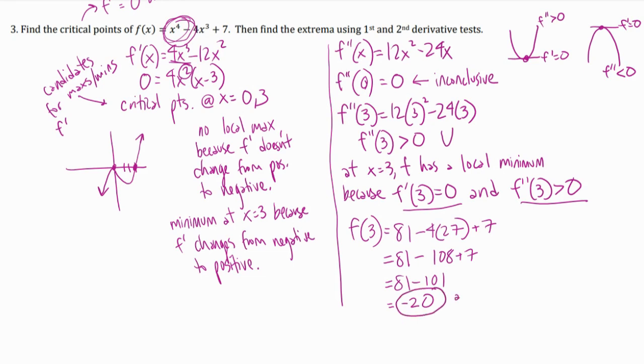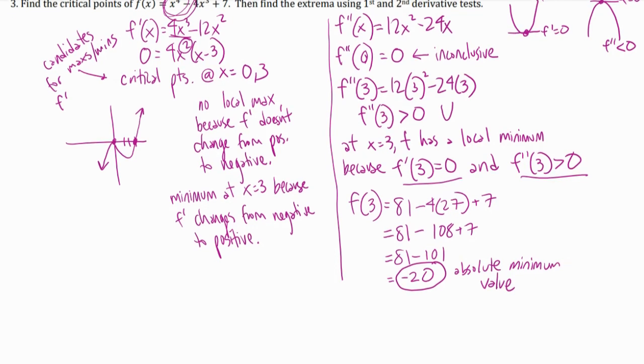So that is my absolute minimum value. So when you see the word value, that means the y coordinate, not the x coordinate. So the absolute minimum value is negative 20, and there is no absolute max value.